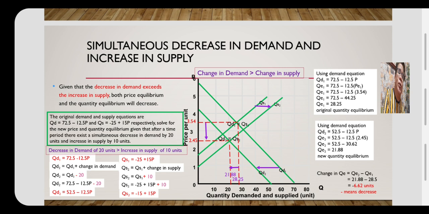So what we will do is just substitute the price equilibrium to the P of the demand equations to solve for the quantity equilibrium.